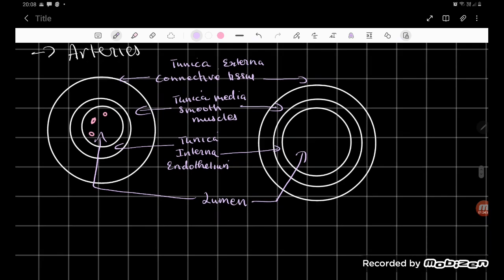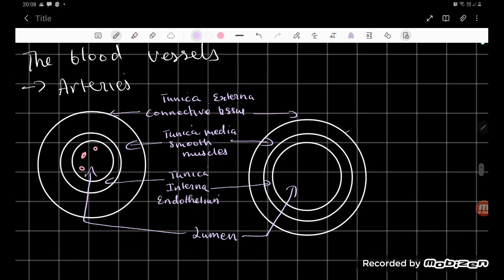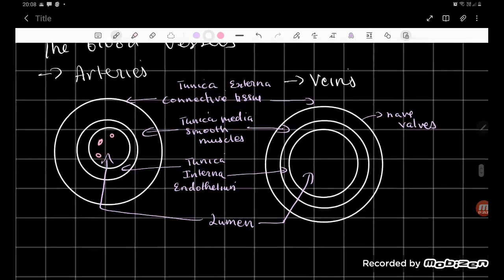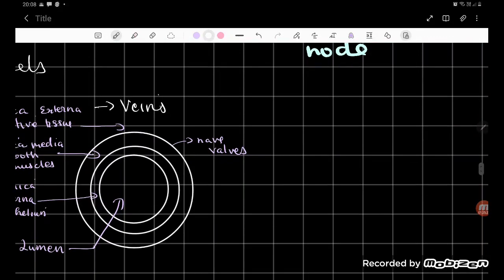You can tell arteries by the narrow lumen, thick muscles, and veins by the wide lumen, thinner muscles, all that stuff. Veins also have valves. Then let's talk about capillaries.